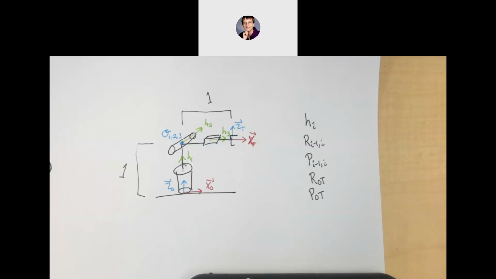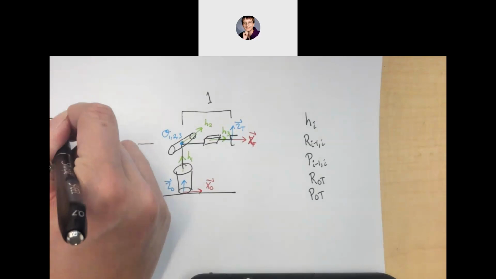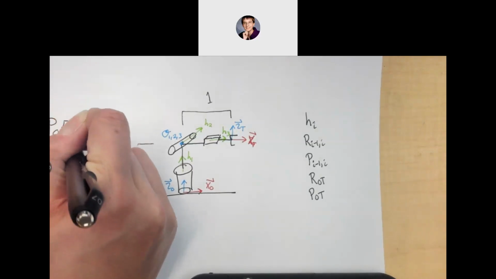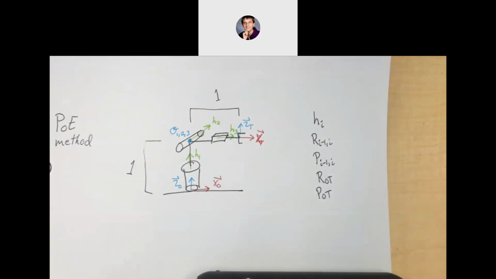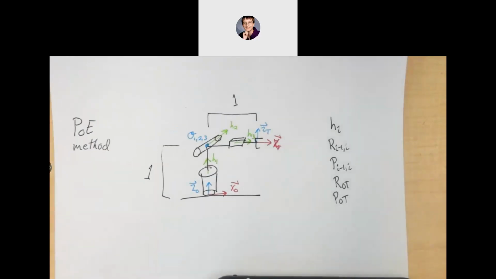Oh, product of exponentials method. Right, although the DH method, I'd be asking you for those alpha, beta, depending on which DH method.